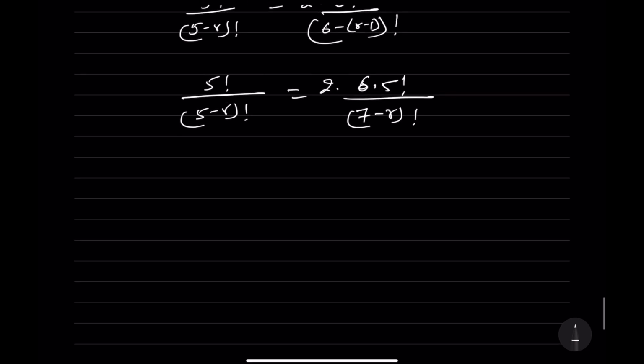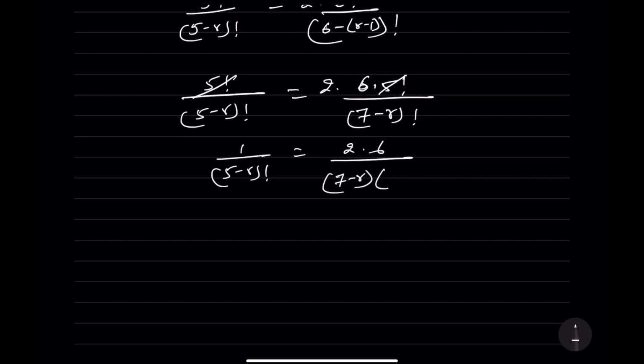Now the 5 factorial will get cancelled. So 1 by (5 minus r) factorial is equal to 2 into 6 divided by (7 minus r) into (6 minus r) into (5 minus r) factorial. Now this and this will get cancelled.